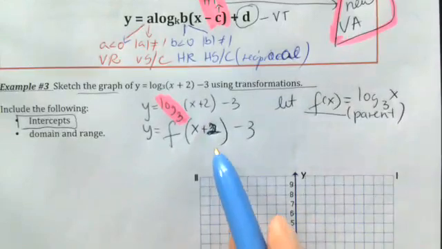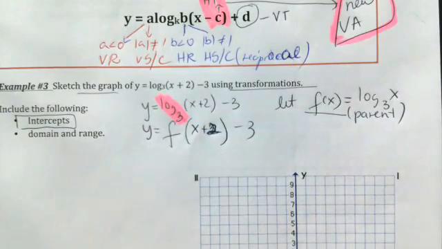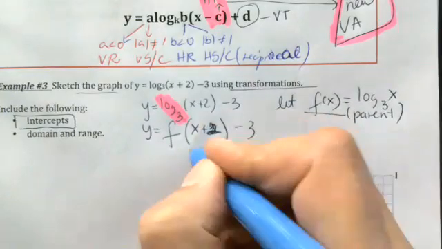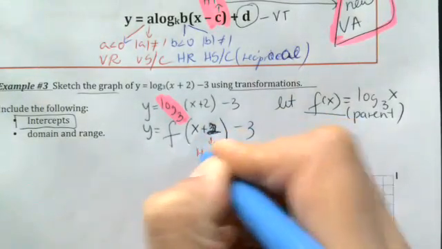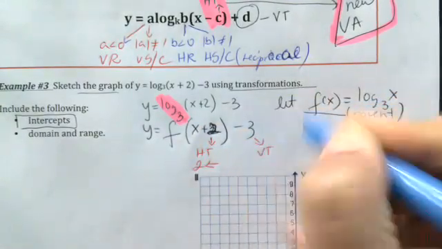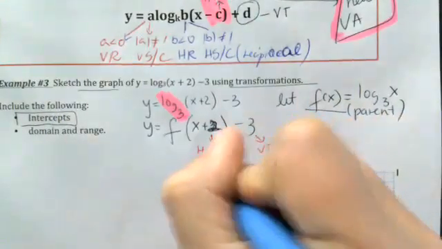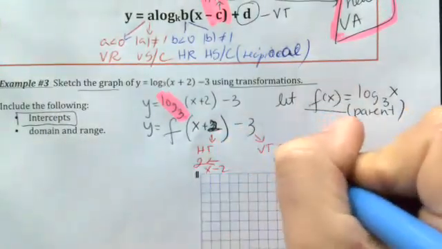Now it's a little easier to see the transformations without getting trapped and sometimes thinking that the base has to do with transformation. That's already part of the parent function. You don't have to include it again. So we have a horizontal translation 2 to the left, and a vertical translation 3 units down. So x minus 2, y minus 3.